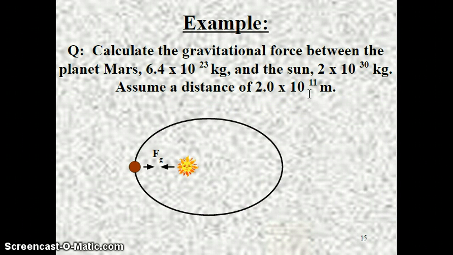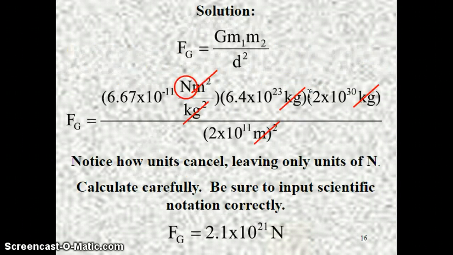If you were ever working with numbers this large, you have to be quite good on your calculator using scientific notation. Here, the solution would be done exactly the same way. Plug all your numbers in. Please remember to square the distance that is in the denominator. And now here we get quite a large force, 2.1 times 10 to the 21st newtons. So much larger than in the previous example.